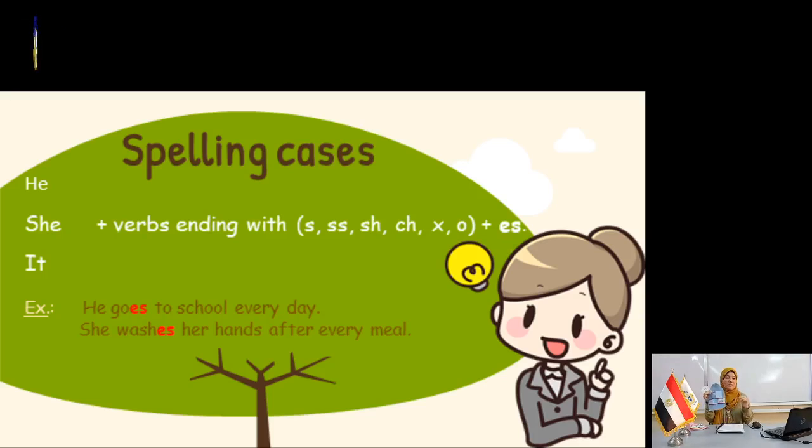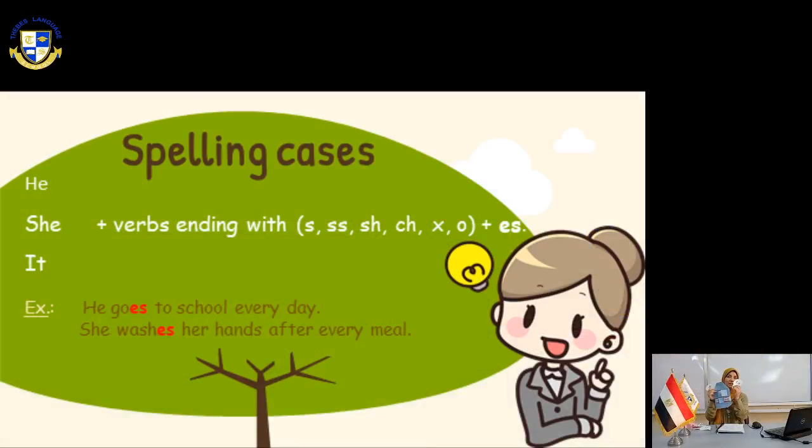What about verbs that end with one of those letters? S, ss, sh, ch, o, or x. We put at the end of the verb, instead of only s, we put what? We put es.